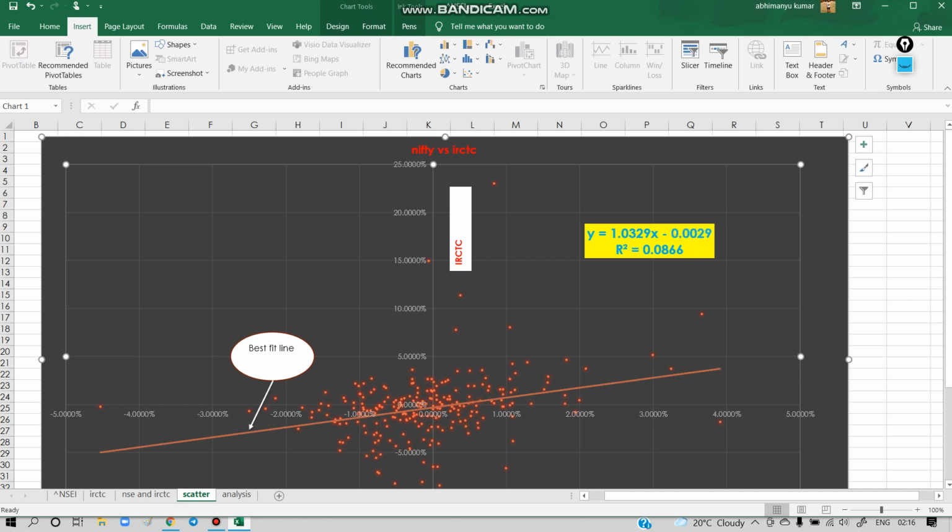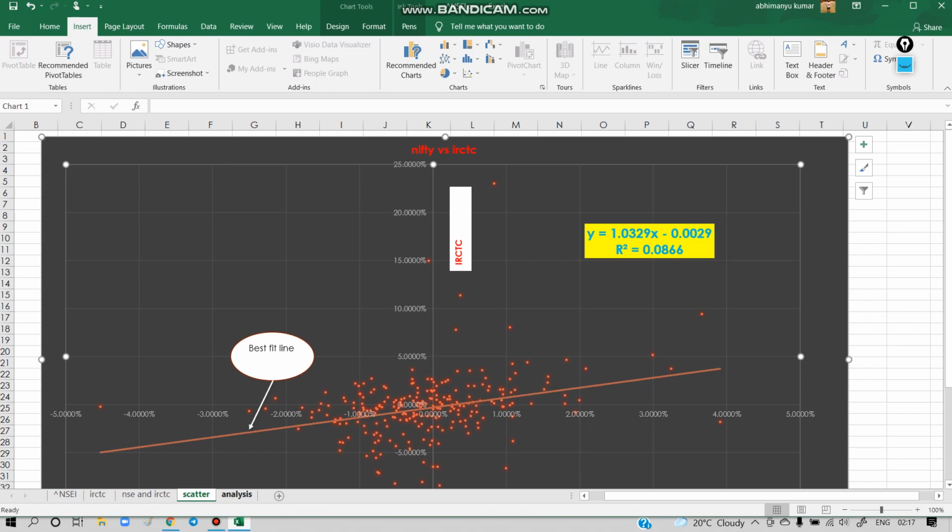This means my error is going to be very high, because the points are not densely present around this best fit line, they are far apart from it, so my SST, the total sum of squares, is going to be very high. That's why my R square is also very low in this case.